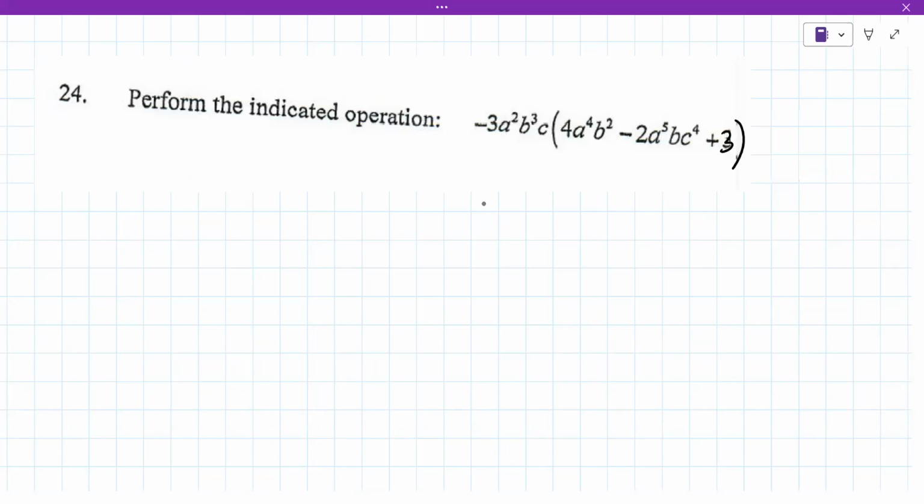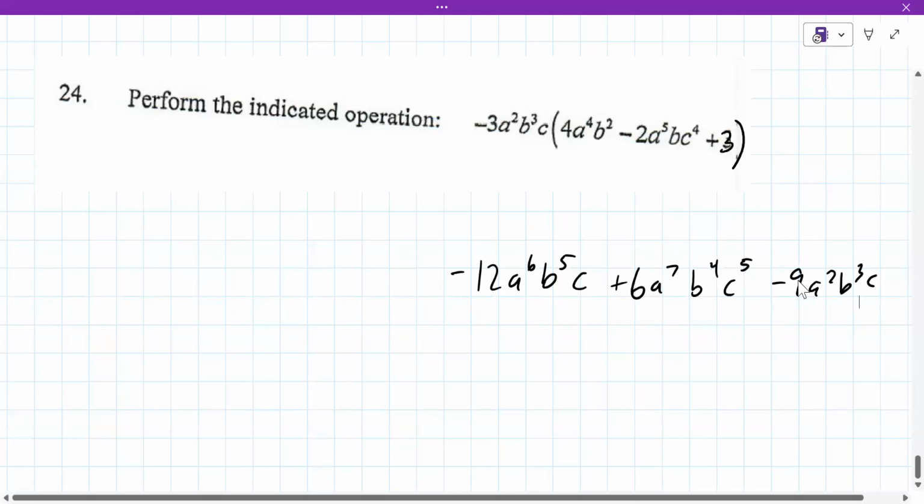Minus 9a to the 2 b to the 3 c, and then you would add it all up. Give me your first term whenever you've got it. I have minus 12 a to the 6 b to the 5 c plus 6 a to the 7 b to the 4 c to the 5 minus a squared b to the 3 c. A minus 9 in front of that last one.